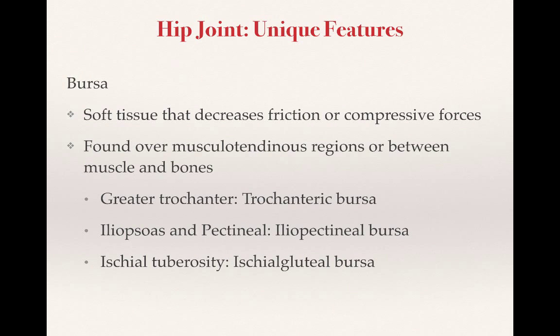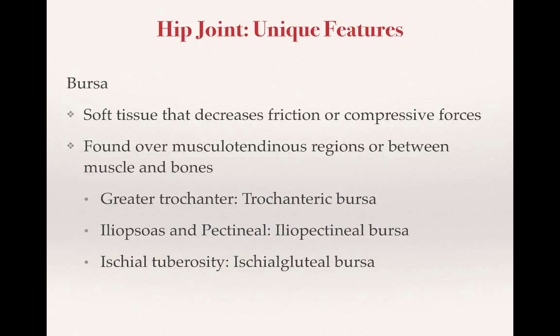And then finally, the last thing we'll mention are the bursae. These are found sometimes in synovial joints, but they are found mostly in areas where there's soft tissue next to bony landmarks, big prominent bony formations.